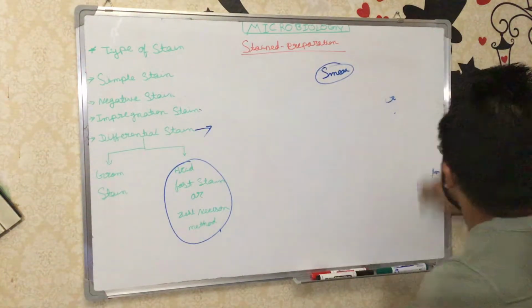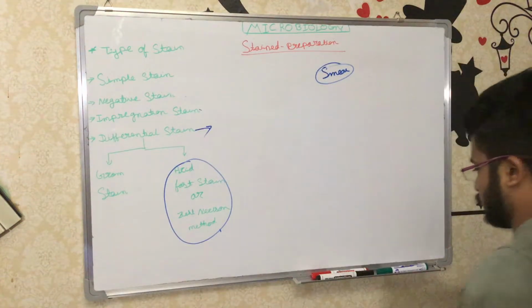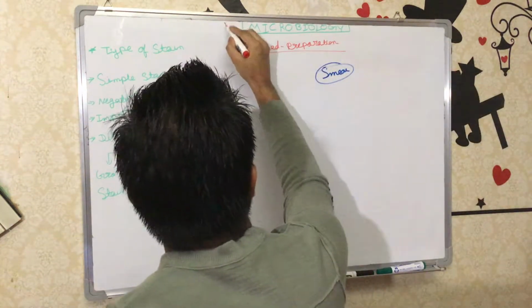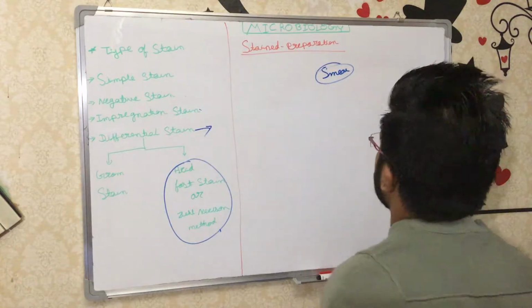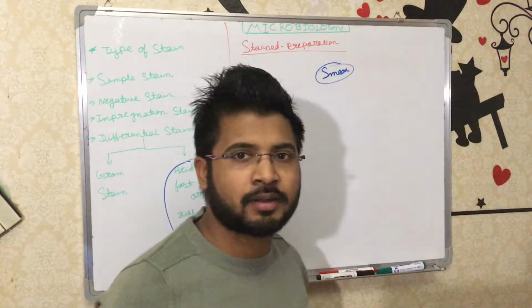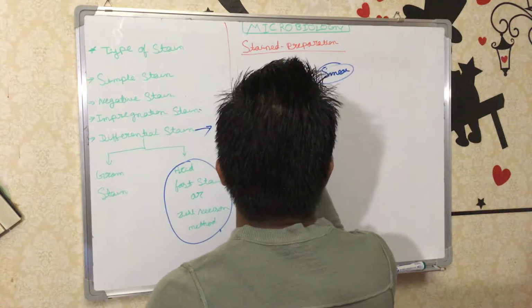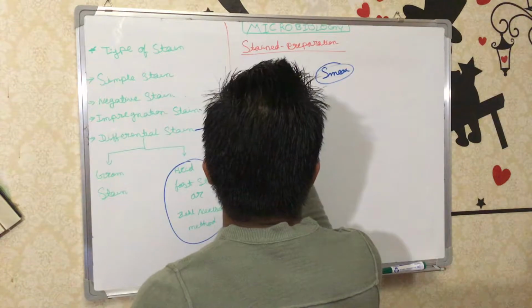So we should rub this one. First we take a smear, or we can say we take a specimen. This is the slide, and for understanding purposes we just take two bacteria.